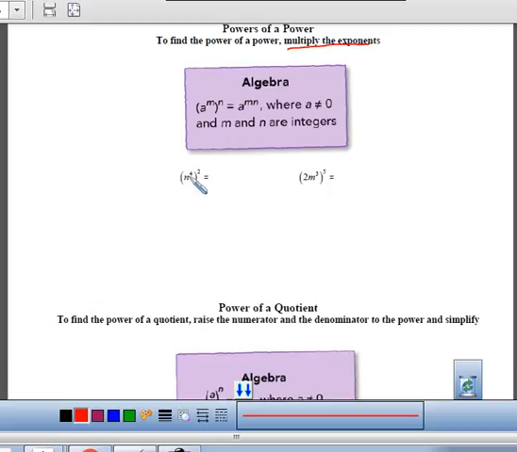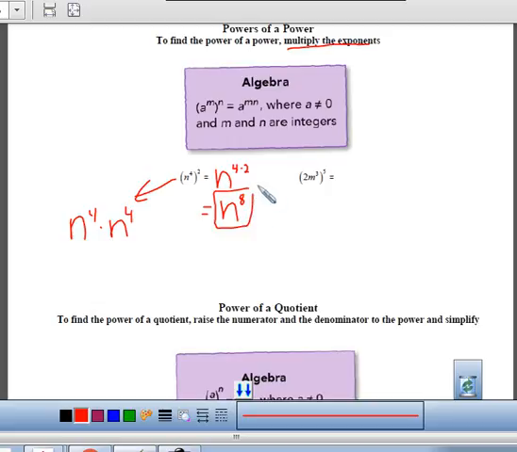So when I look at the first one, n to the 4th power, sure, you could write that out, n to the 4th, and then it's being squared or raised to the second power. So you could write it out like that. They have the same base, add the exponents. Or, you can just say, well, raise the power to a power, that's n to the 4 times 2, or n to the 8th power.